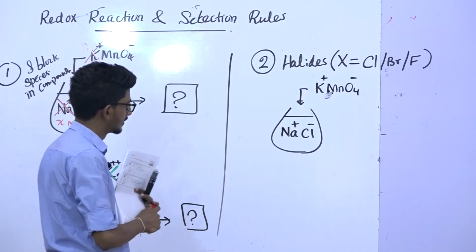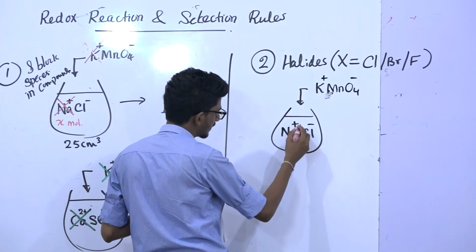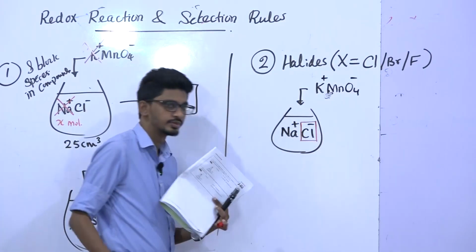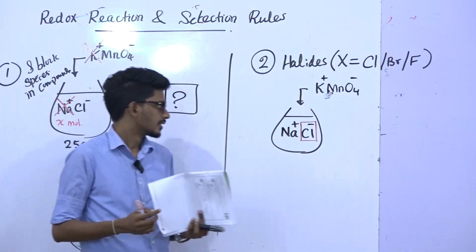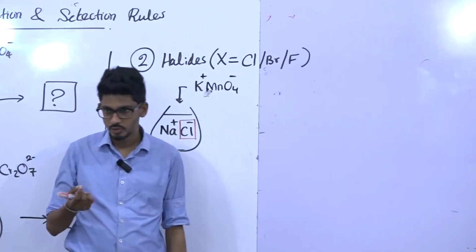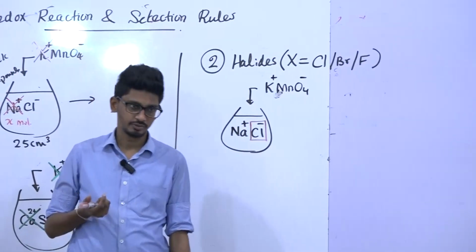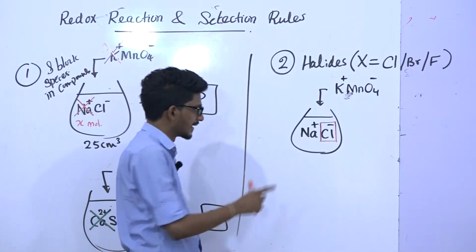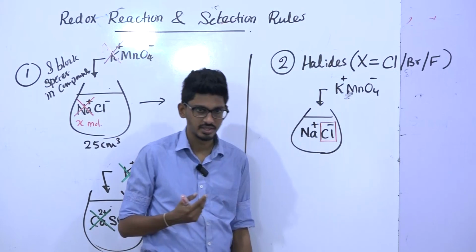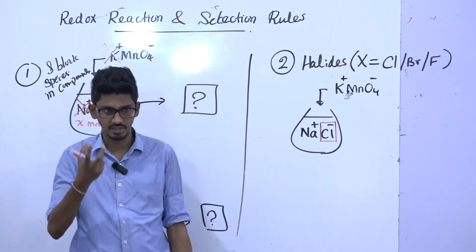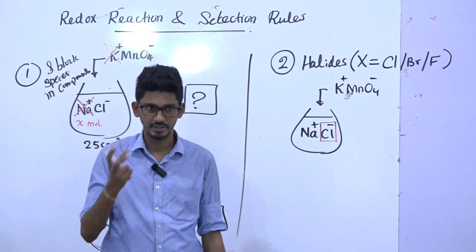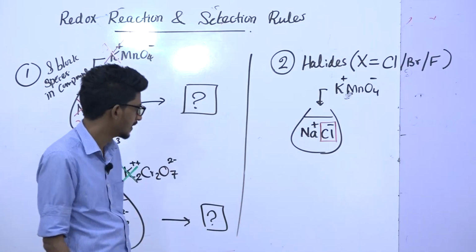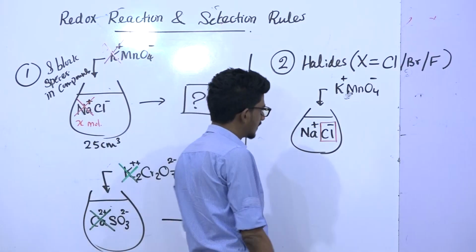When it comes to halides in redox reactions, they always tend to produce X minus or the X2 forms as products. X minus means Cl minus, Br minus or I minus, X2 means Cl2, Br2 or I2. So, those are the possible products with halides.